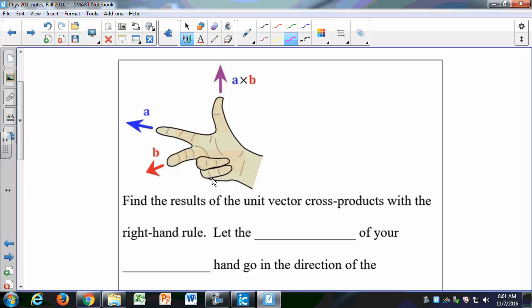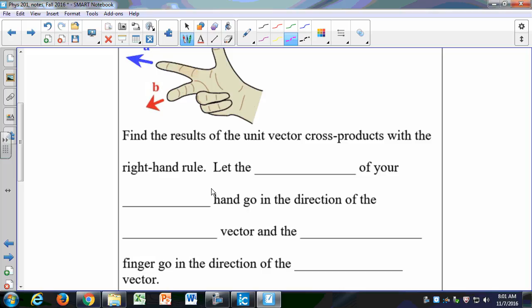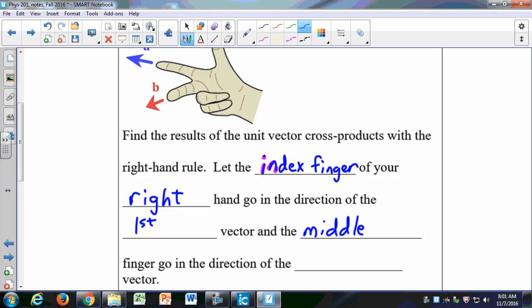So let the index finger of your right hand go in the direction of the first vector, and the middle finger of your right hand go in the direction of the second vector.